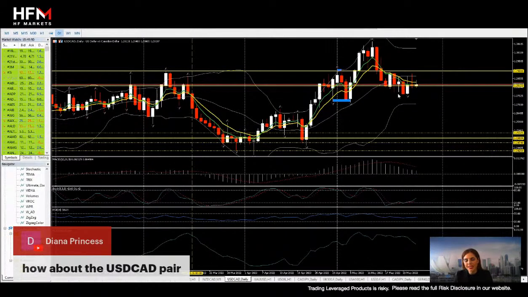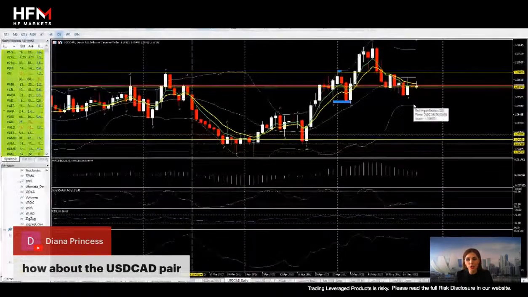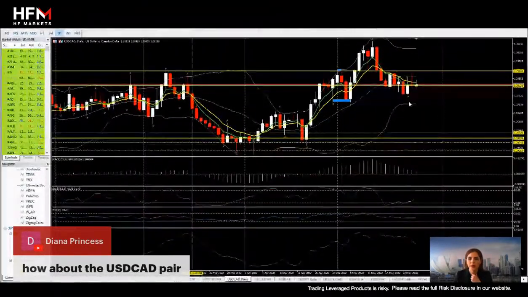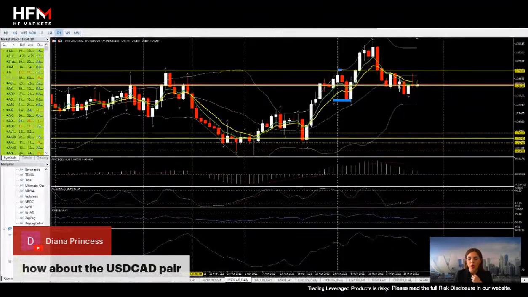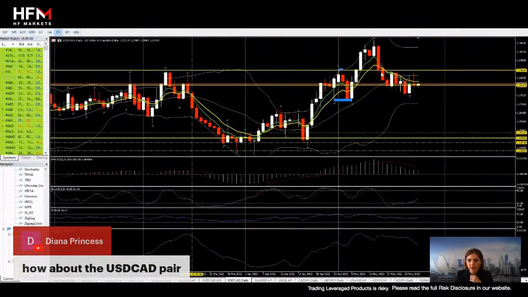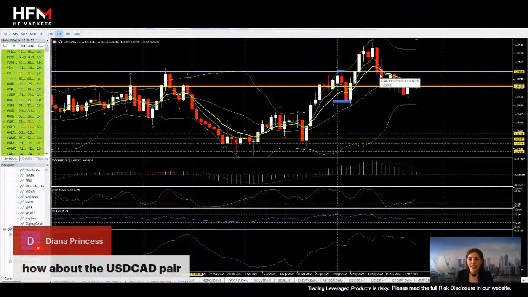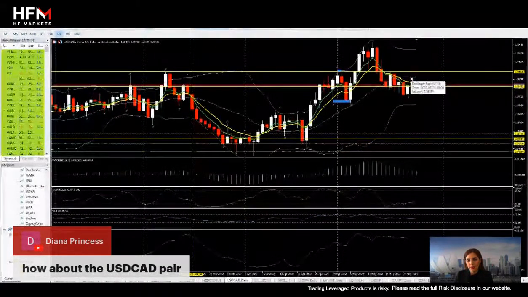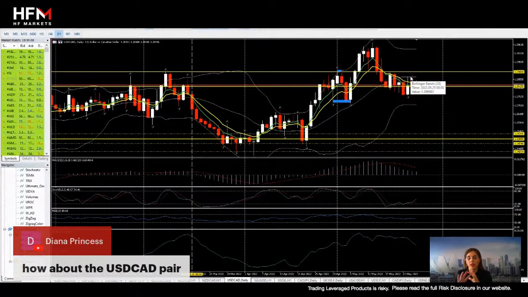The fact that it hasn't extended losses, posting lower lows and lower lows, but instead bounced, possibly benefited by the increase in oil price as well, keeps the dollar cad in the medium term picture sideways.